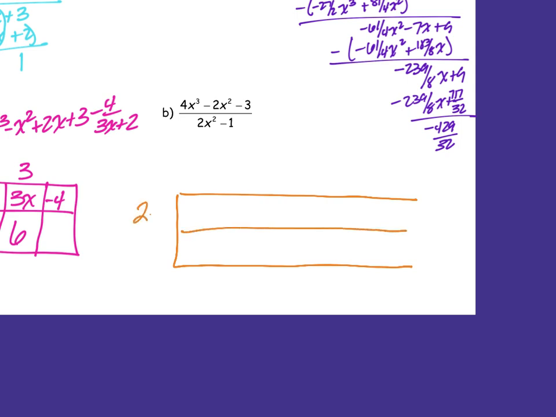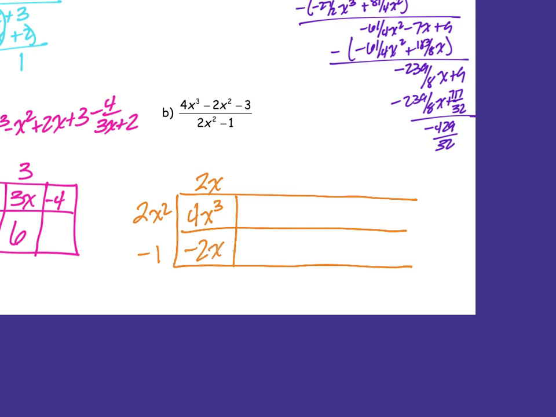So we've got 2x squared minus 1. So this is 4x cubed. What would I multiply that by? So would that be 2x? And then that would be negative 2x.